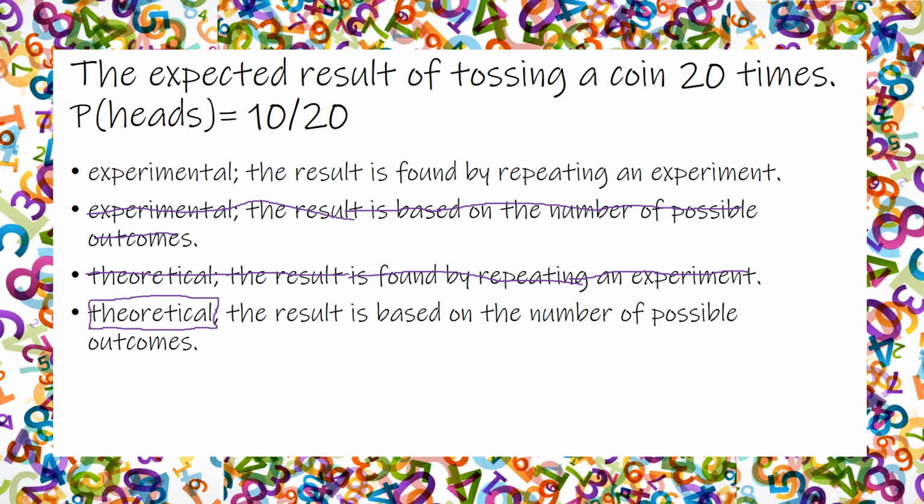Okay, experimental would be more like 9 out of 20 or even 3 out of 20. Okay, it can vary every time. It should come as close as possible to theoretical as you toss it more and more times, but it is hardly ever the exact probability listed.